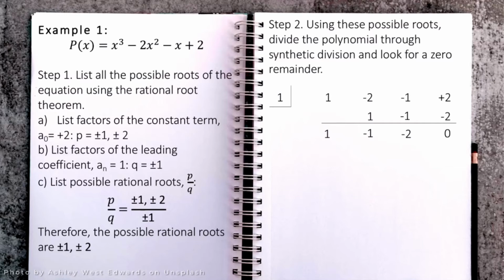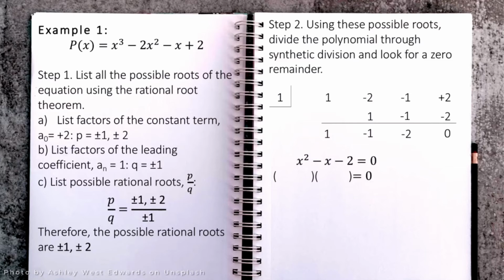And as you can notice, our quotient is a quadratic polynomial. Therefore, we can use factoring or quadratic formula to solve for the other roots. We can write this quotient as x squared minus x minus 2 is equal to 0. Since this quadratic equation is factorable, I'm going to use factoring.